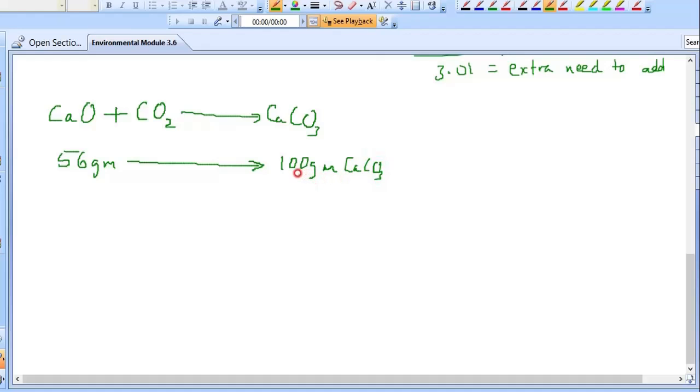How much CaCO3 do I want? I want 3.01 CaCO3. Then how much CaO do I need to add? X. Then X equals 3.01 divided by 100 into 56. Work out, we'll get 3.10.